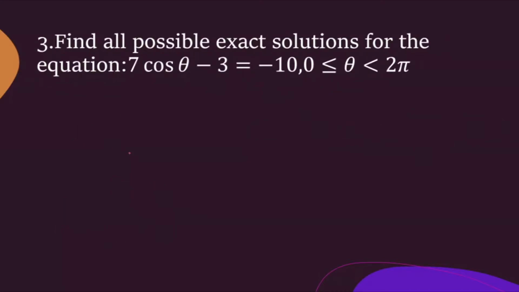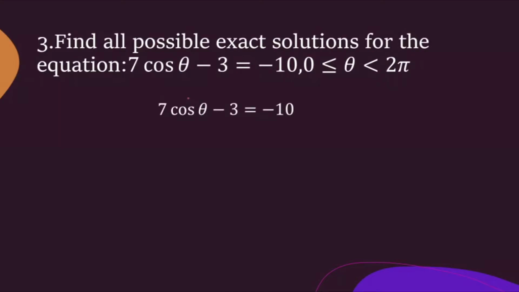For the third problem, we have: find all possible exact solutions for the equation 7 cosine theta minus 3 equals negative 10. So in this case, it will also be where 0 is less than or equal to theta and theta is less than 2 pi.